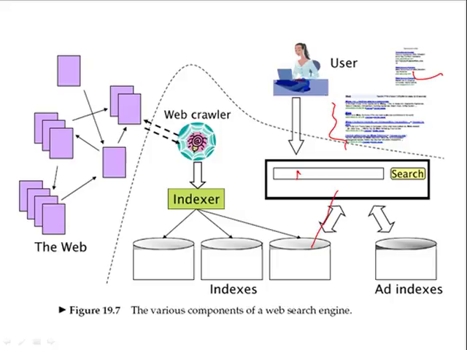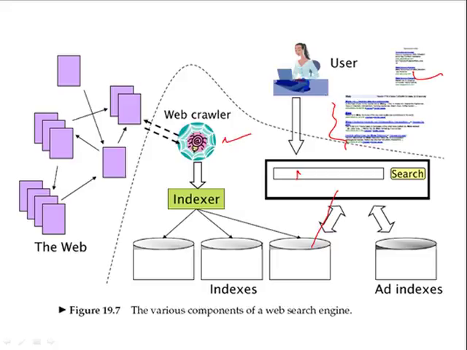And how do these indexes come about? First, the search engine's web crawlers crawl the web pages, and then the indexer prepares the indexes, ranks them, and stores them. After that, based on the user query requirement, the pages are retrieved. So this is the simplest structure of a web search engine.